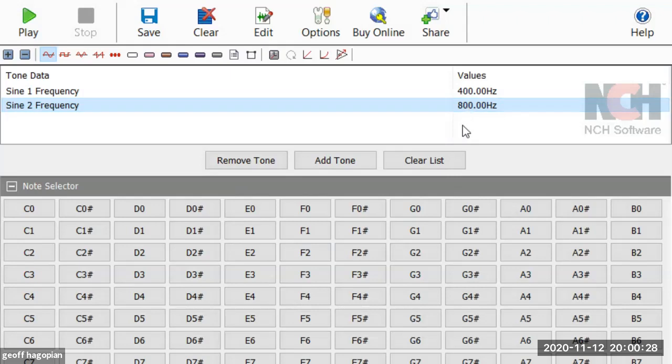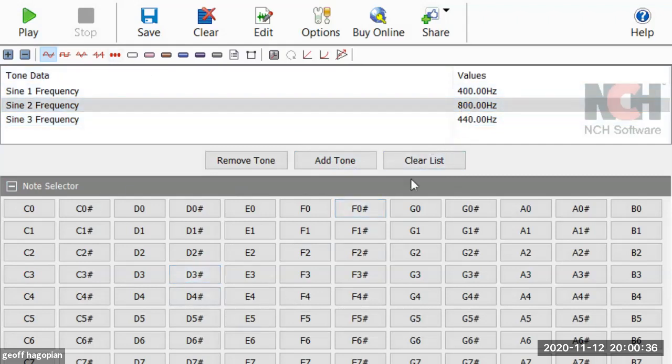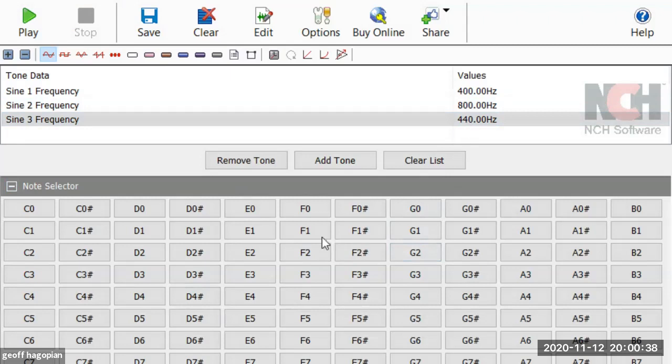And if I go another 400 hertz, let's see, add tone 1200 hertz. Oh, not this one. Yeah, so you're getting a combination of different frequencies and it makes a sound, okay.